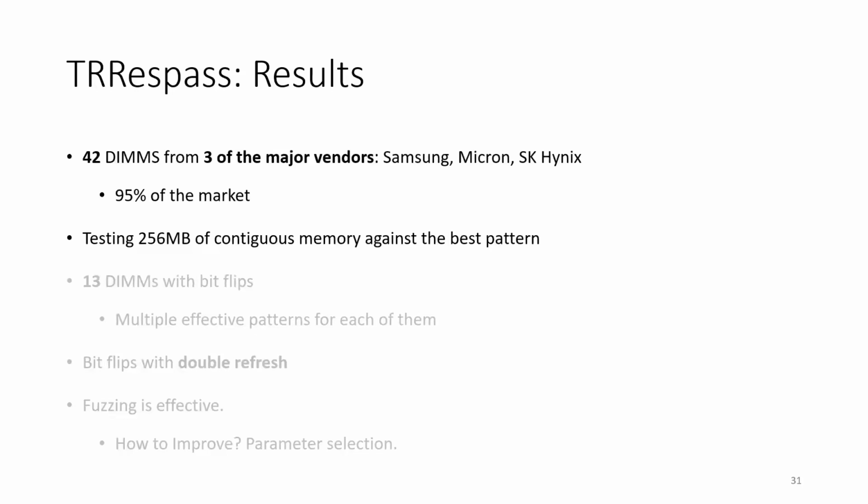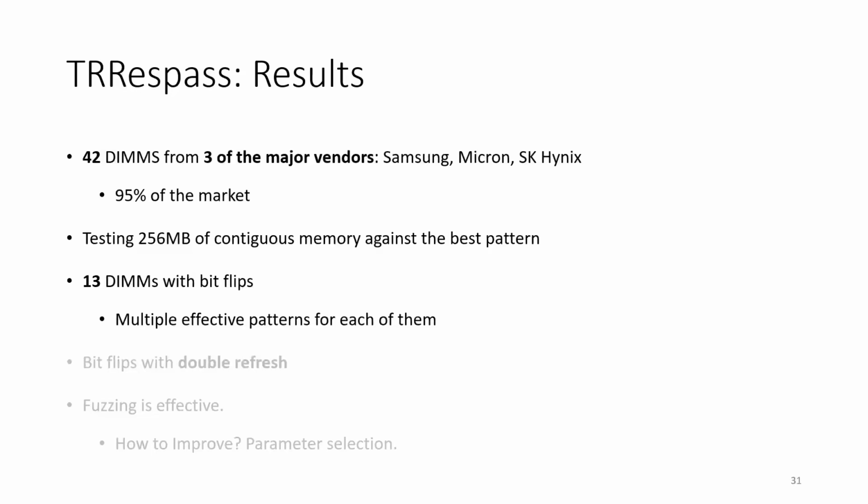We could observe bit flips on 13 DIMMs out of 42. For each vulnerable DIMM, we could retrieve many effective hammering patterns. What is surprising is that in general, modules from 2 vendors require a huge number of rows, up to 20, to experience bit flips.